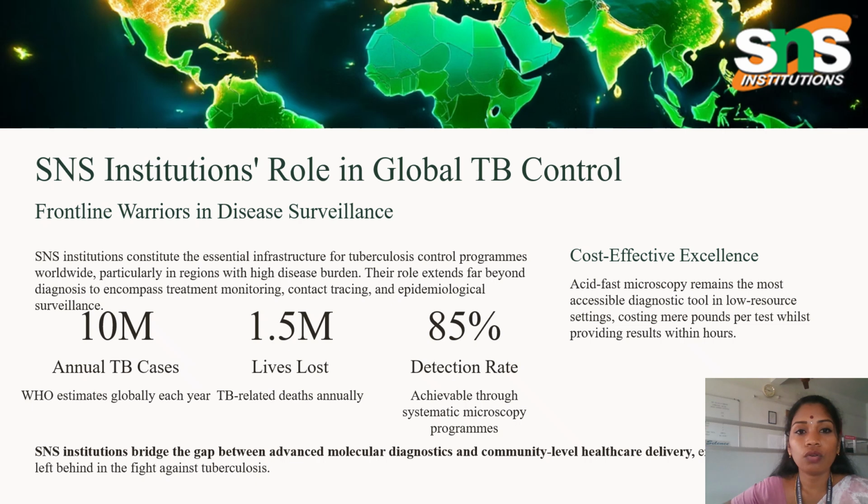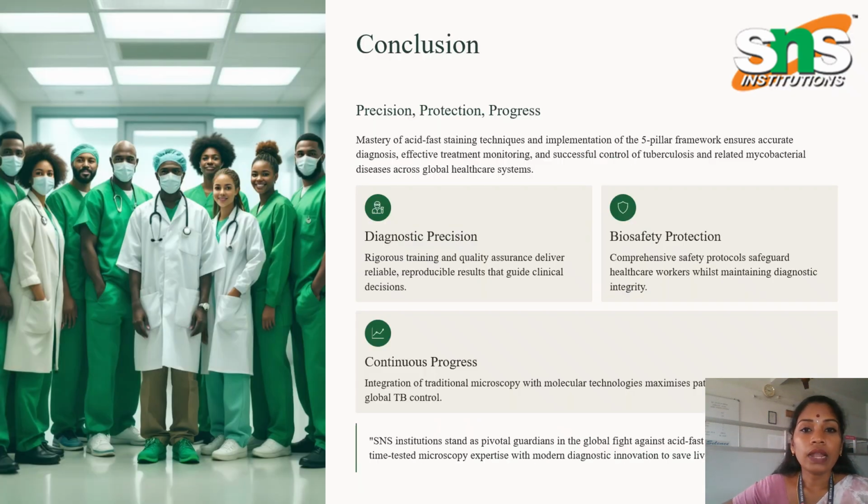Together, we can stand as guardians of the world, combining traditional microscopy with modern innovation to protect the community. And to conclude, as I said, the three P's, precision, protection, and process, are a framework we have to follow.